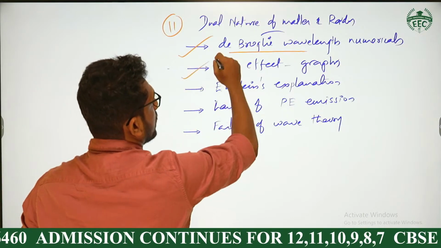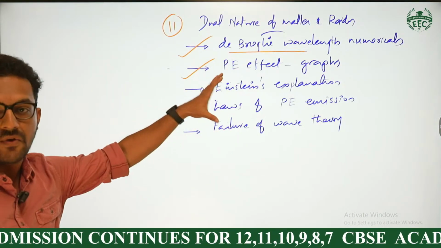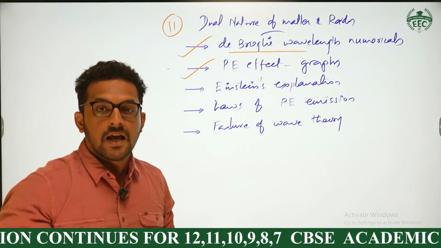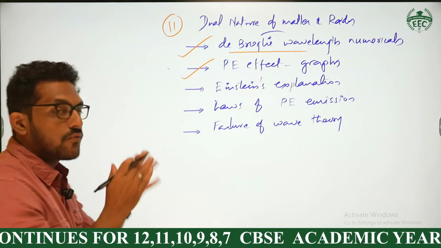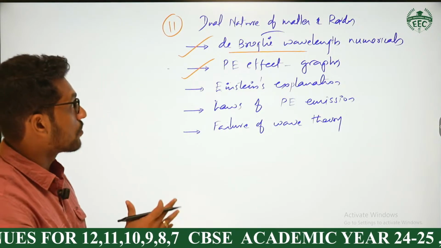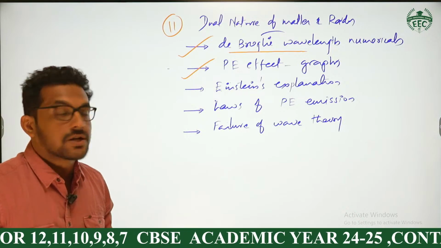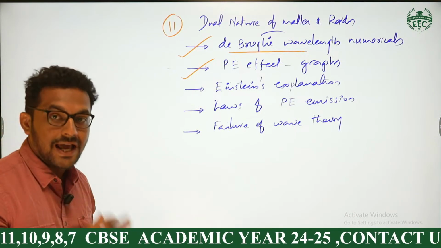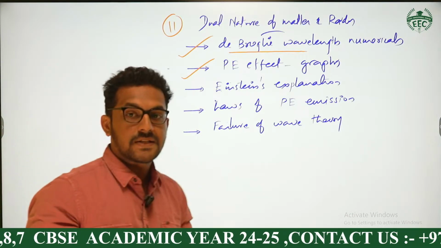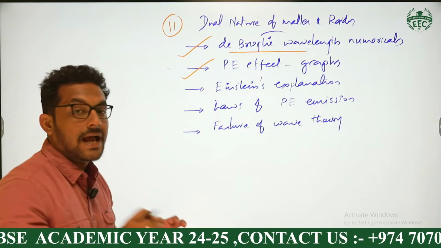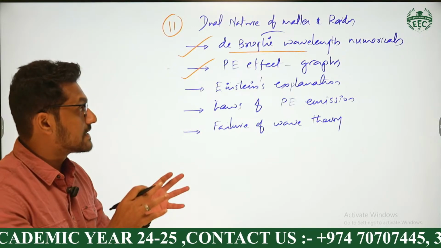The next point will be the photoelectric effect. The photoelectric effect is a very important part. Through the idea of photoelectric effect, we can understand the dual nature of light. In the previous chapter, we learned that light is a wave, so light has a wave nature.